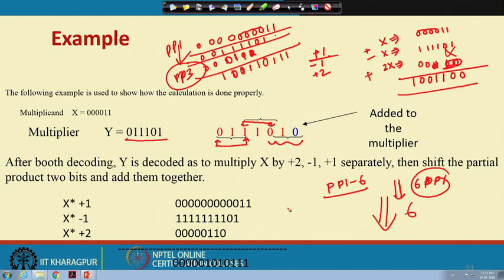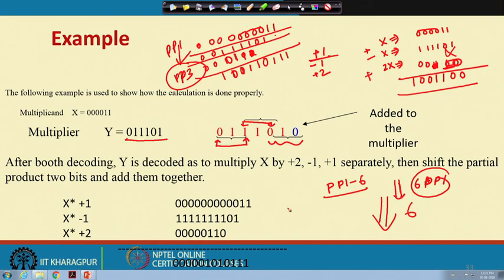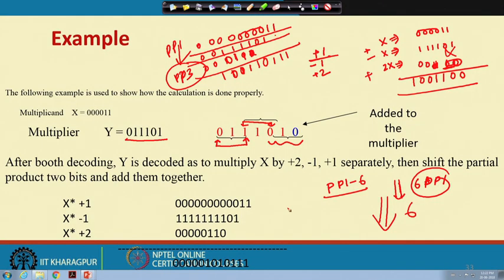Initially, I need one decoder table for this Booth's decoding operation. According to Booth's algorithm, I need this decoding table at the very front of this multiplier, which is basically the array multiplication. After this decoding, what will be the corresponding partial product generation? That will come and we will see it.